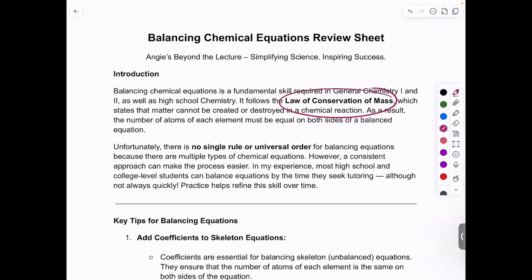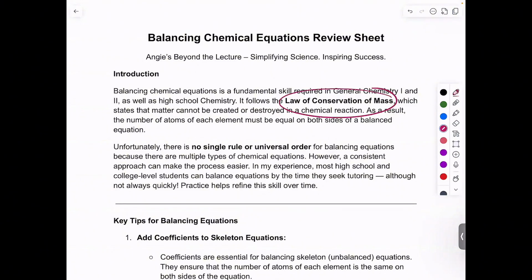I think it's just simply a matter of sitting down and doing a few practice equations, and you sort of find your own method mentally to do that. And remember that in the end, atoms must be equal on both sides. Okay, so if you have a certain number of atoms or elements on the reactant side, they need to be the same on the product side.